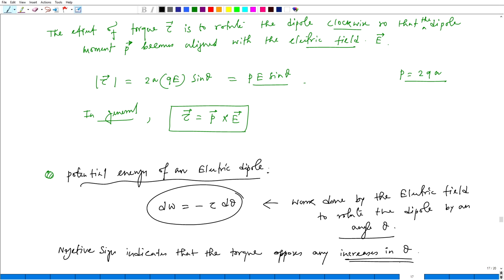So, the torque always tries to align the dipole moment in the direction of the electric field. If we increase theta, the torque is opposite to that, and that is why there is this negative sign.